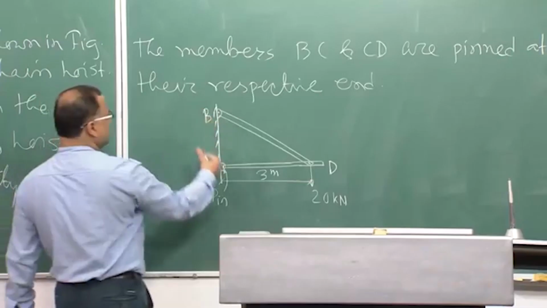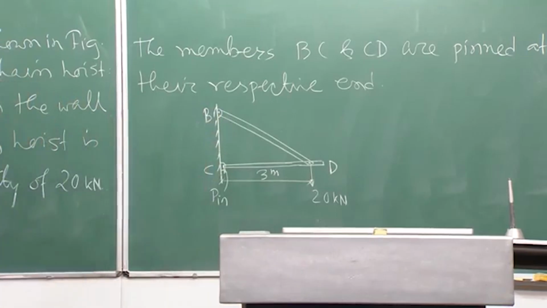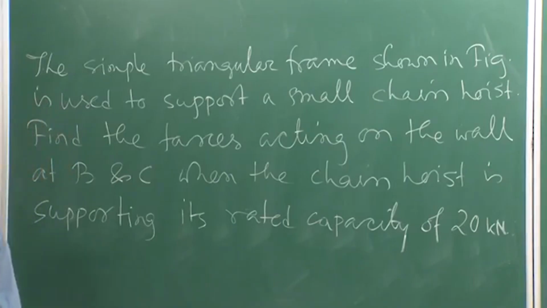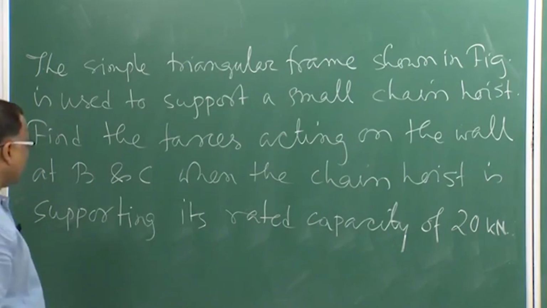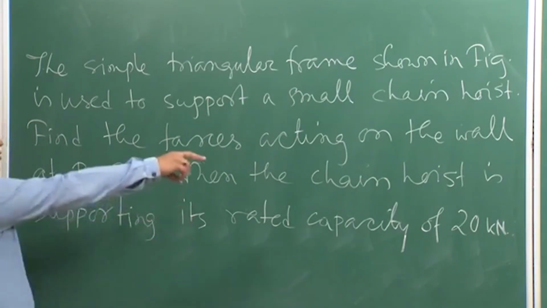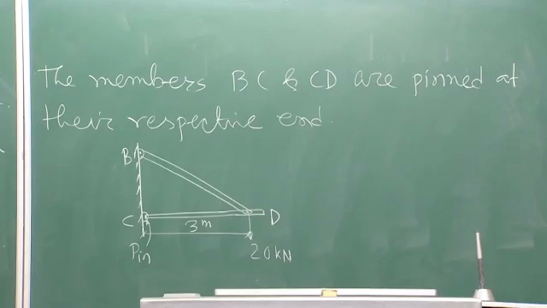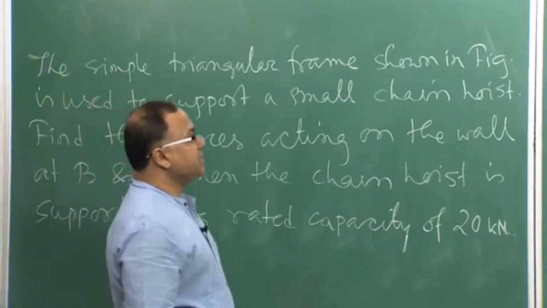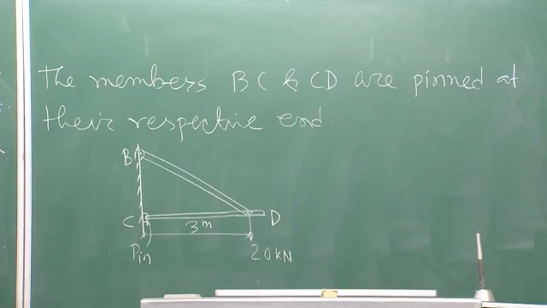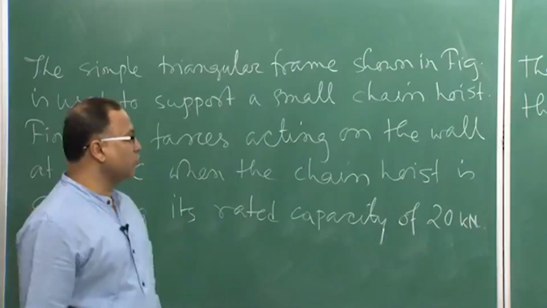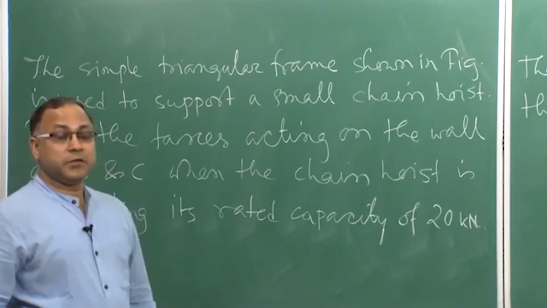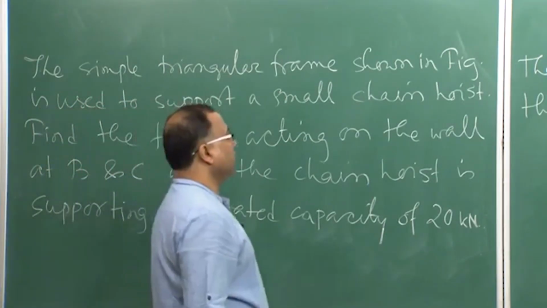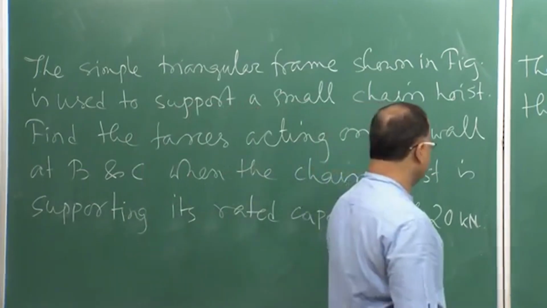This frame is mounted on a wall at B and C when the chain hoist is supporting its rated capacity of 20 kilonewton as shown in the figure. The members BC and CD are pinned as shown here. So, these are all pin joints, frictionless pin joints, at their respective ends.